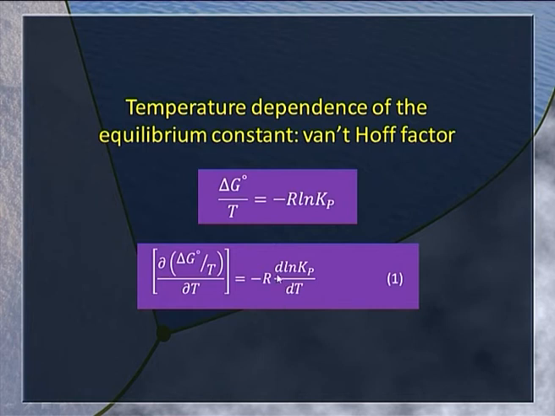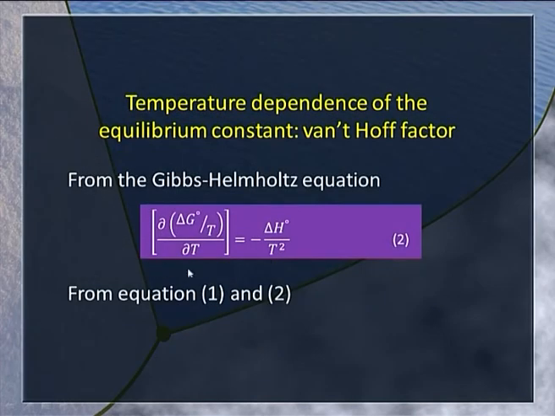And you can have d by dT, R is a constant, so it comes out of the differentiation, and I am left with d ln Kp by dT, and I am differentiating ΔG° by T by dT. We already know from the Gibbs-Helmholtz equation that this term is equal to minus ΔH° by T squared.